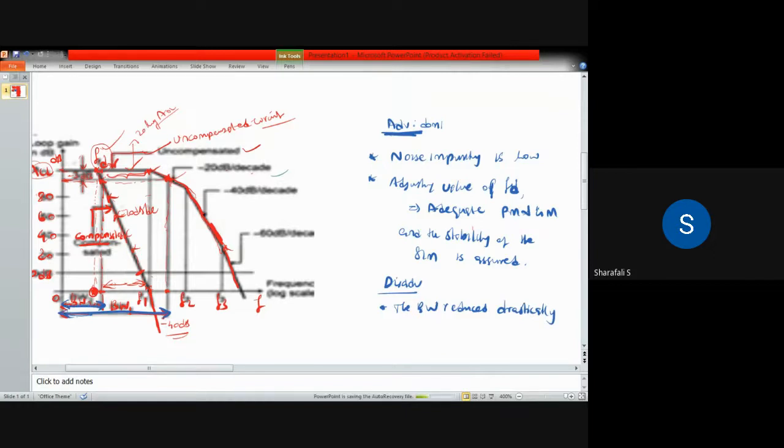So if you are using this dominant pole compensation, you are adding one more frequency before all other frequencies, and the corner frequency will be associated with that one. Then obviously the bandwidth of the op-amp is reduced. So that is the disadvantage of this particular technique. There may be some other disadvantages.